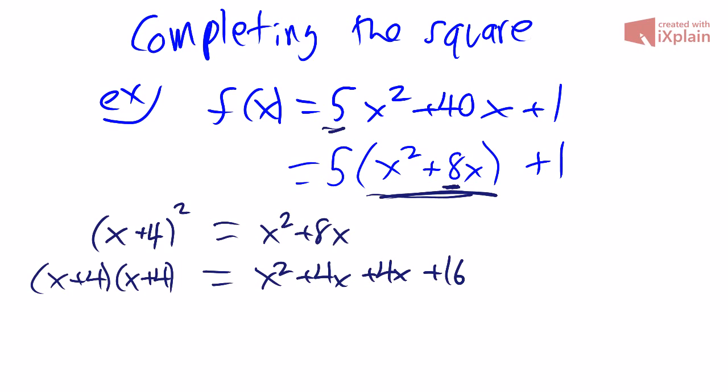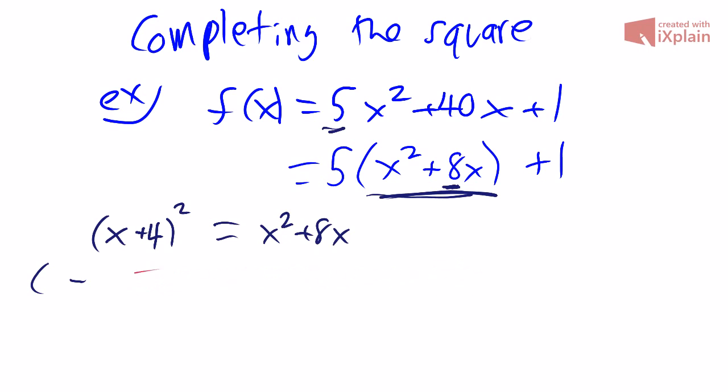So that's what we're going to want to do here. We're going to take x plus 4 as our square. So x plus 4 squared is equal to x squared plus 8x plus 16. Okay, so we're going to want to put the x plus 4 inside here.